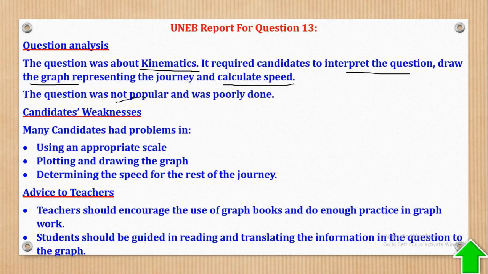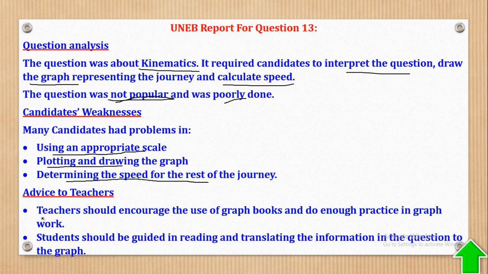The question was not popular and was poorly done. Not popular means that it appears less frequently in the past papers. So the weakness of candidates is that many candidates had problems in using an appropriate scale, and also plotting and drawing the graph, and also determining the speed for the rest of the journey.